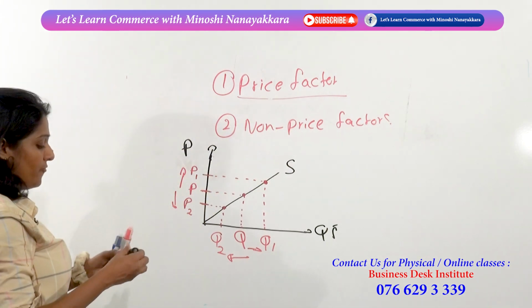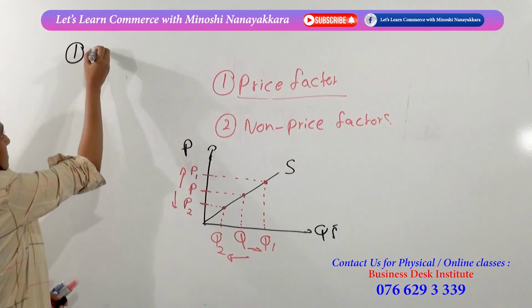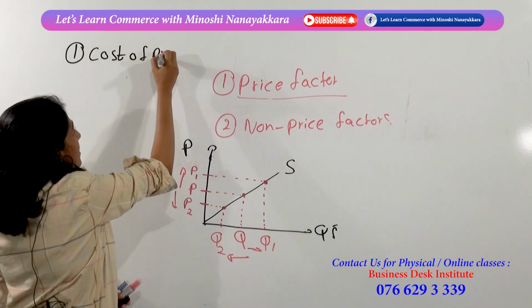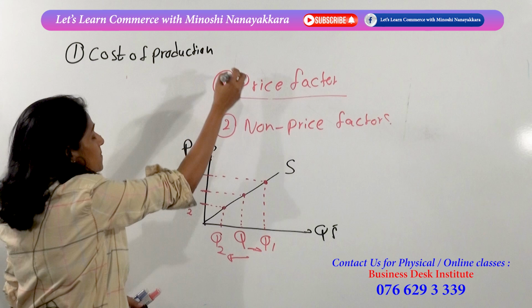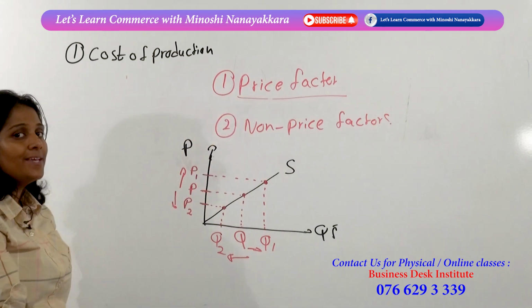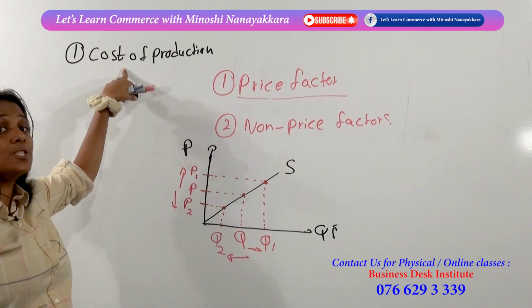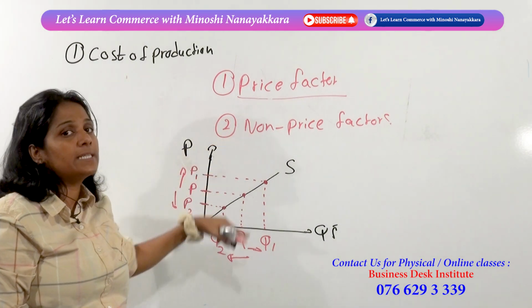One is we can talk about the cost of production. The cost of production, because we are talking about the producer's point of view, or the supplier's point of view. You know that supply represents the supplier or a producer. So cost of production is one of the most important factors which affect the quantity supply.